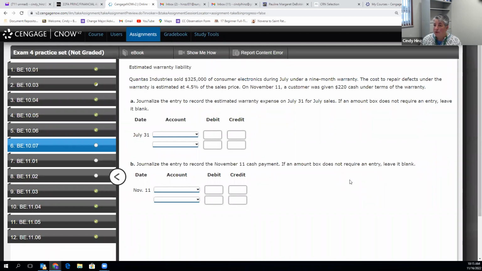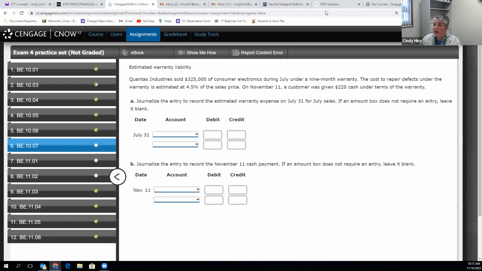Qantas Industries sold $325,000 of consumer electronics during July, and those electronics had a 9-month warranty. The cost to repair defects under the warranty is estimated at 4.5% of the sales price.